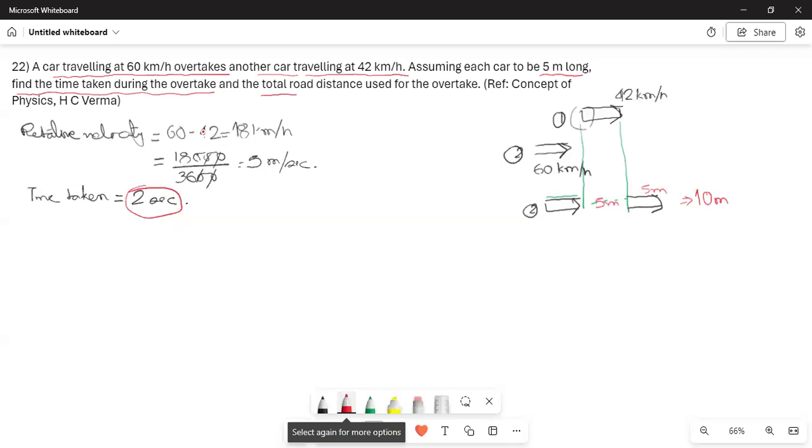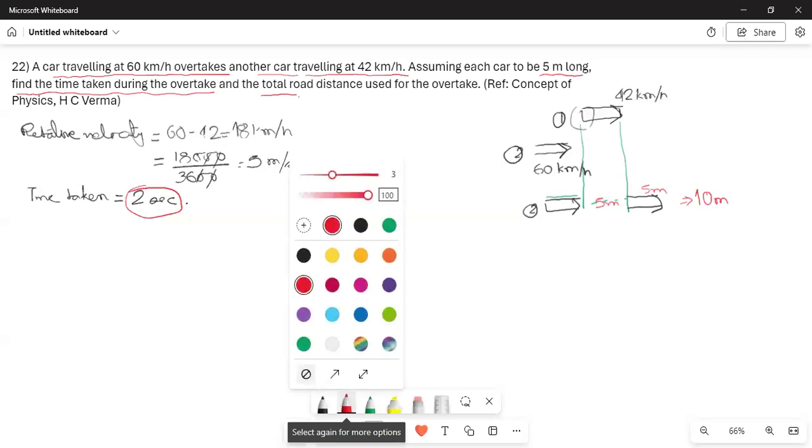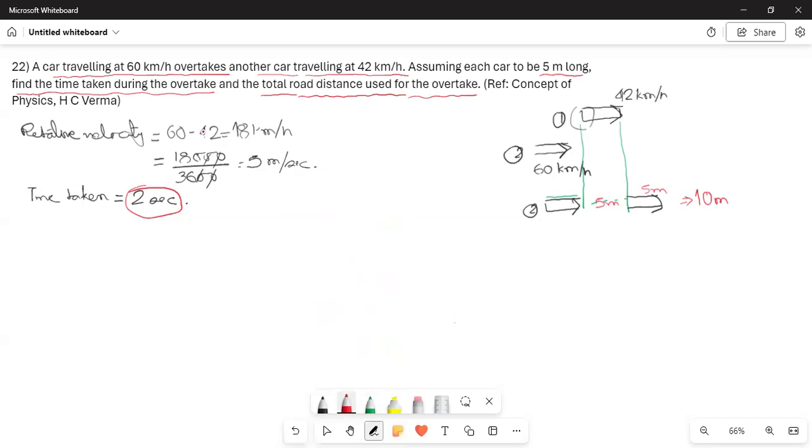Then the second question is the total road distance used for the purpose of overtake. The total road distance is from here to here. Now we consider the actual speed, not the relative speed.